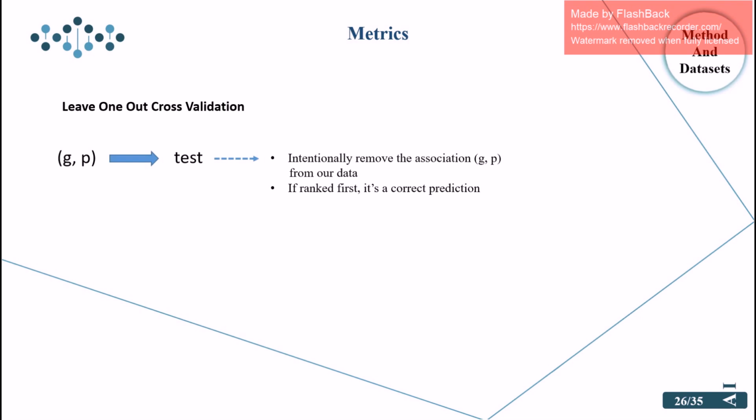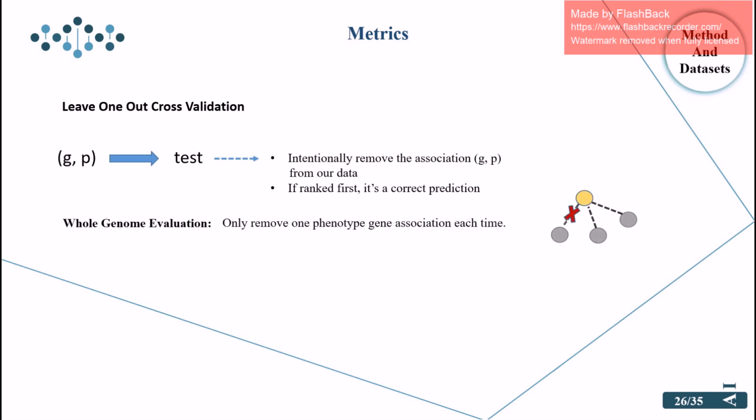We used two methods. First, whole genome evaluation, and second, ab initio evaluation. In whole genome evaluation, we only omit one of the interactions between query phenotype and its related genes. If the gene that we omitted its interaction with the query ranked first, it's a successful prediction, else it's a failed prediction.